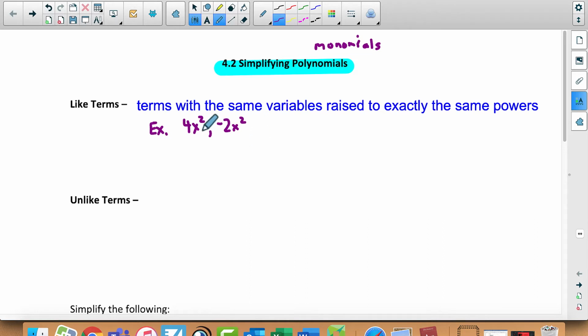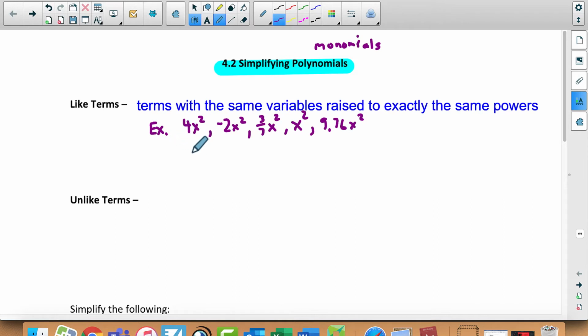You see how they have the same variable, x, and the same exponent, or the same power, squared and squared. Or it could be 3 over 7x squared. Still works. You got the x, you got the squared. Could just be x squared. Could be 9.76x squared. As long as it's any of those things, it's good.